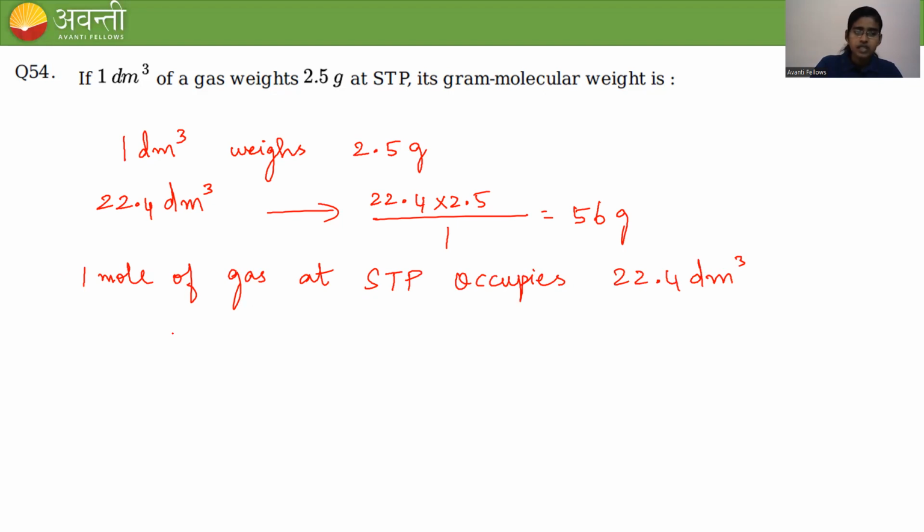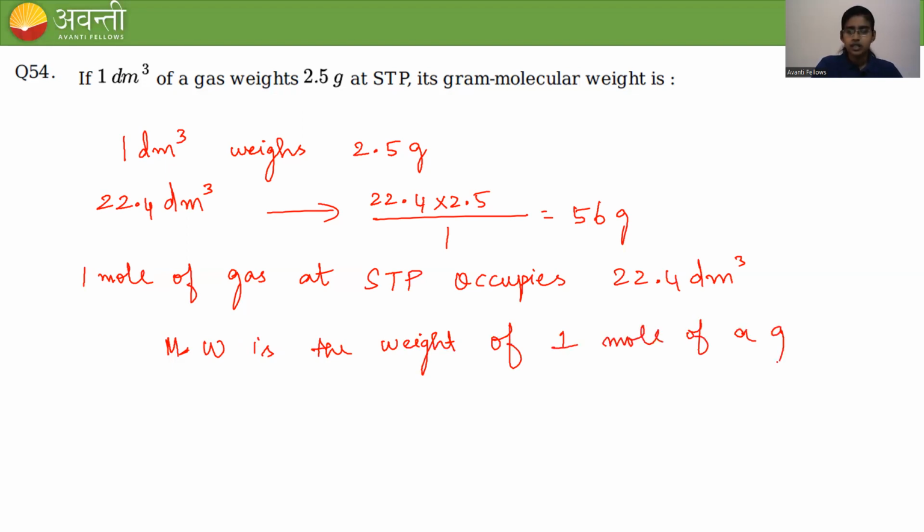Now, molecular weight is nothing but the weight of 1 mole of the gas, right? So what would be the answer? The weight is 56 gram.